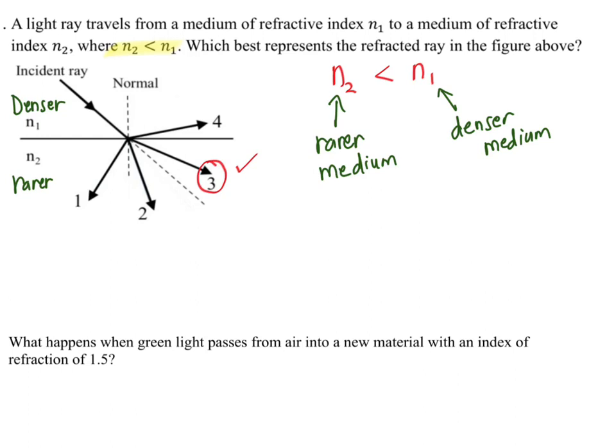Next question, what happens to the green light when it passes from air into a new material? So it's passing from air into a new material with a refractive index of 1.5.